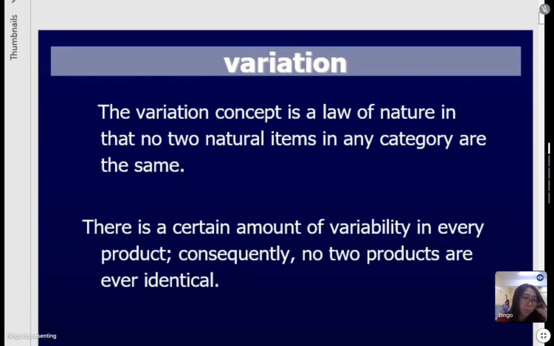So, ibig sabihin, kung siya ay 1.5, most likely yung iba doon is 1.4, 1.6, 1.3, 1.7. As long as siya ay pasok doon sa sinet natin na specification, hindi natin siya made-determine or makikita, not unless gagamit tayo ng precision instrument to measure or makita natin kung may variation, right?